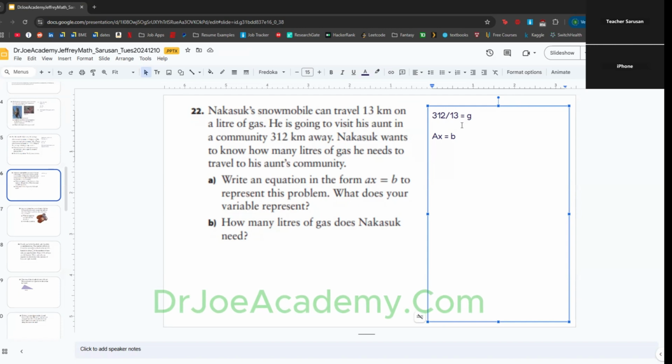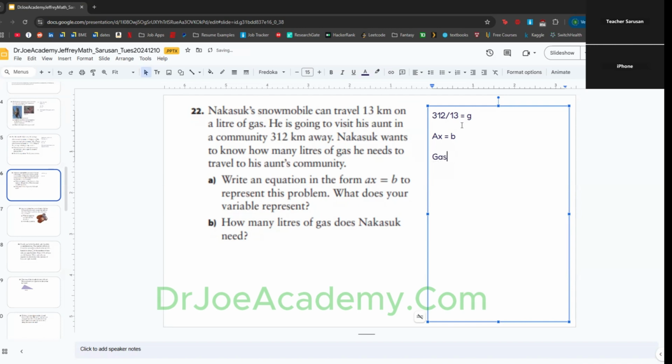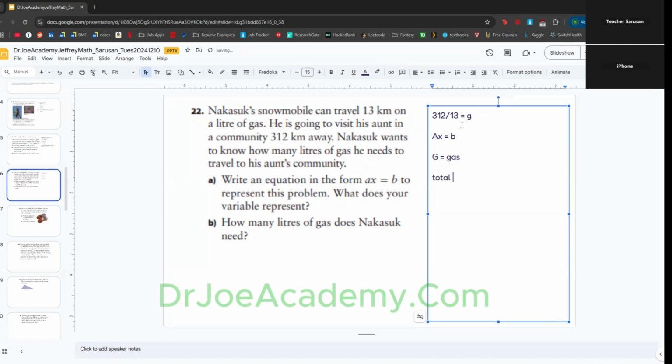So, you're correct. 312 divided by 13 equals G. So G equals gas. Another way of representing this is saying your total distance, I'll just call it distance, equals your, let's see.